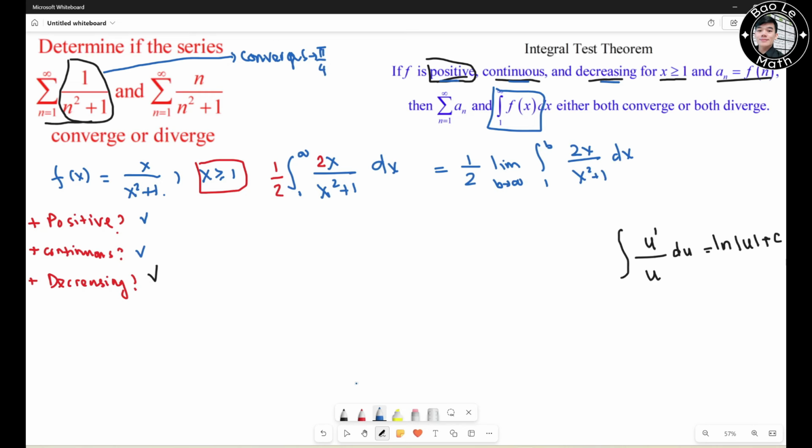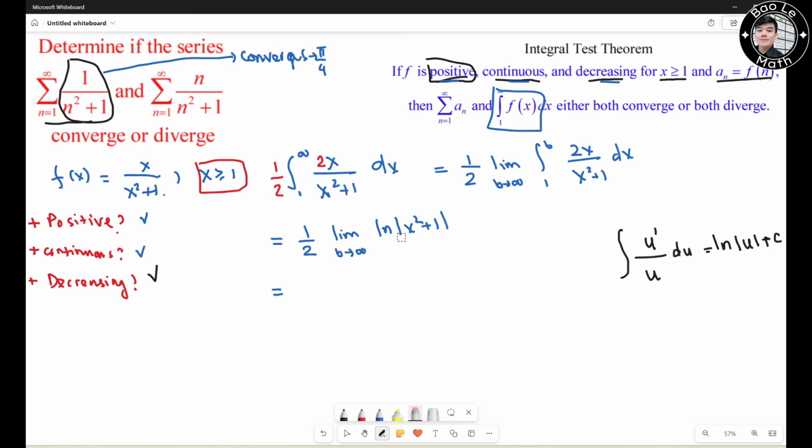Alright, this one turns out to be 1/2 limit when b approaches infinity of natural log of the absolute value of s squared plus 1. Because s squared plus 1 is always positive, I don't need to use the absolute value sign right here.